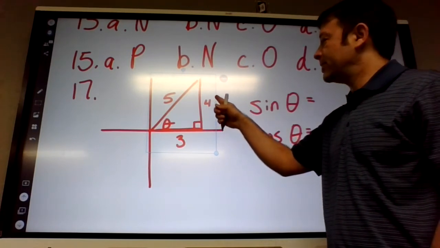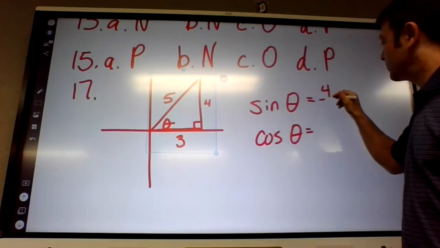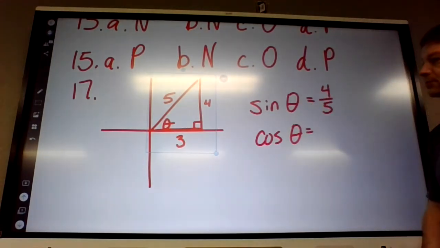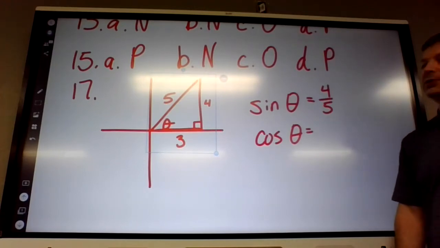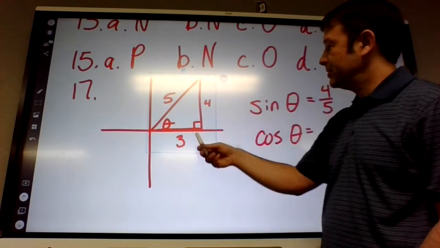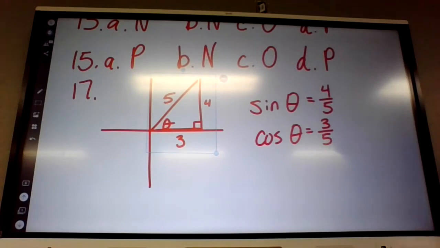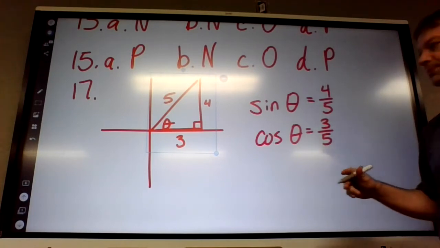So either way, opposite over hypotenuse is 4 over 5. Cosine is adjacent over hypotenuse or the x value over the radius. So it's 3 over 5. Notice these ratios are still less than 1. Doesn't matter how big you make the circle. The ratios stay the same.